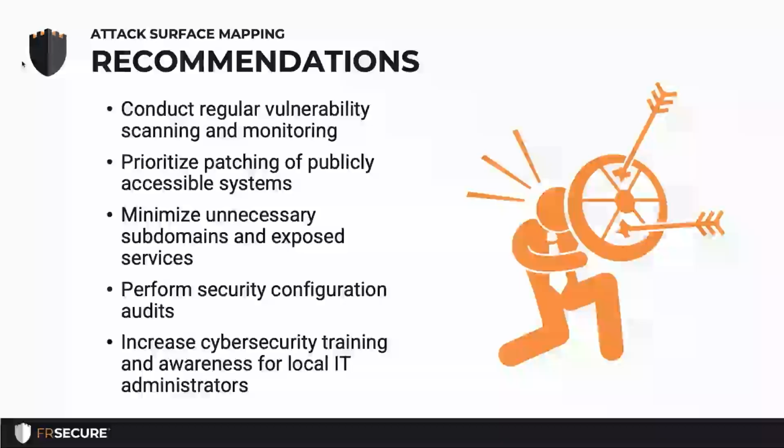So, talking about recommendations for these folks when we approach them and say, hey, you've got some issues. Nothing here is surprising, right? They should be regularly conducting vulnerability scans, enumerating ports and services.